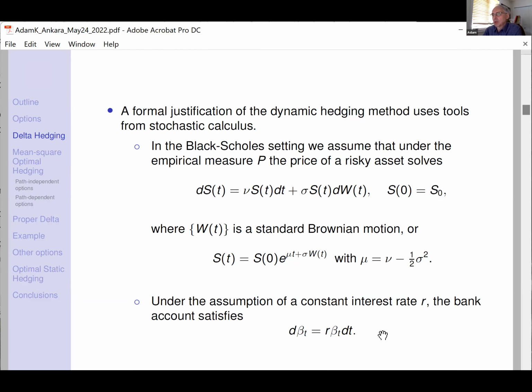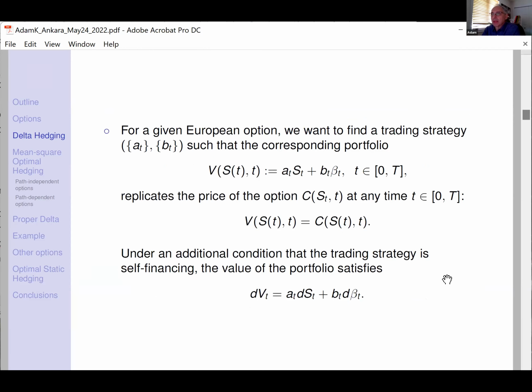So we have two components, and we want to create a portfolio where we trade the underlying security and also deposit or borrow money in the bank account that has the property that at any time it is equal to the price of the option.